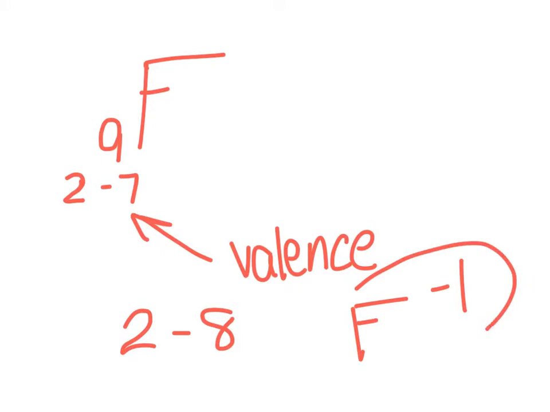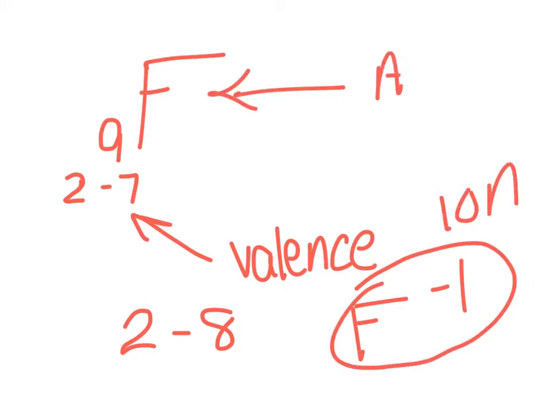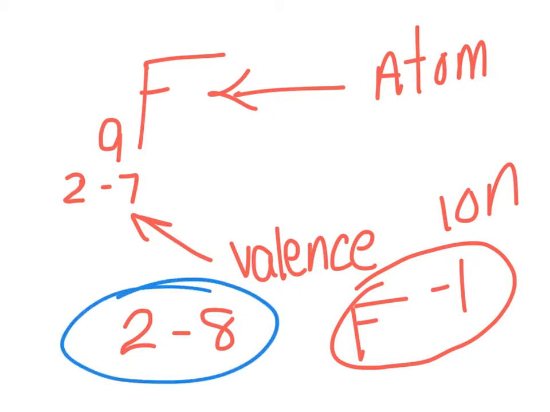It has more electrons than it does protons now. So here's my ion. Here's my atom. The ion has 1 more electron than the atom does. Because it has 1 more electron, its electron configuration changed from 2-7 to 2-8. That 2-8 electron configuration matches an electron configuration of something called a noble gas.